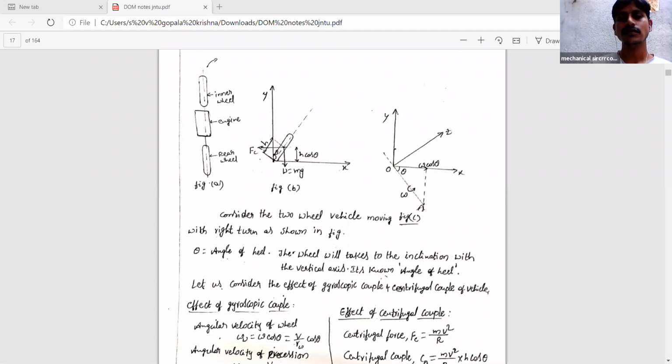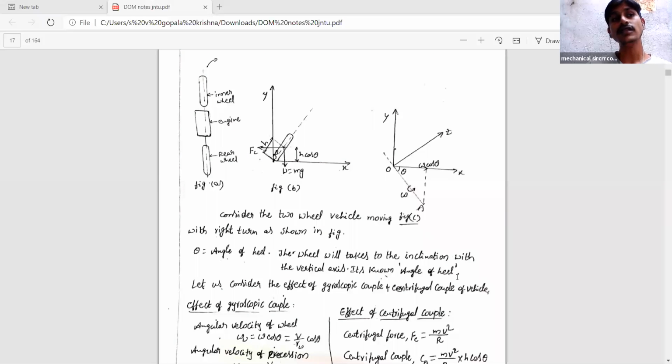When we take the horizontal component, the horizontal component value is omega cos theta. So where we had omega in the earlier derivation, that place is replaced with omega cos theta.